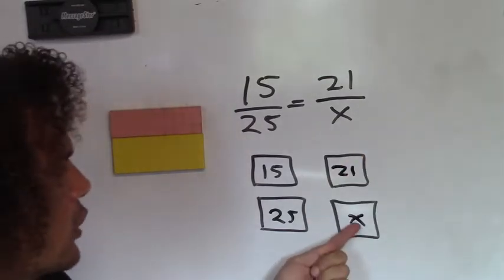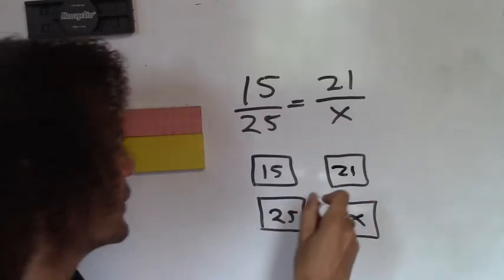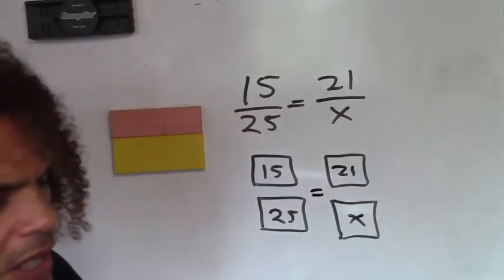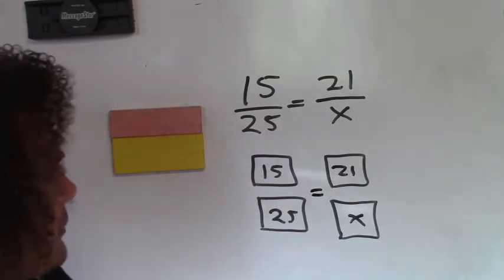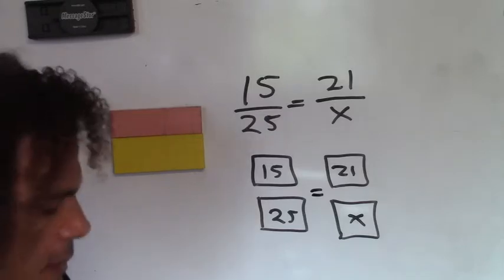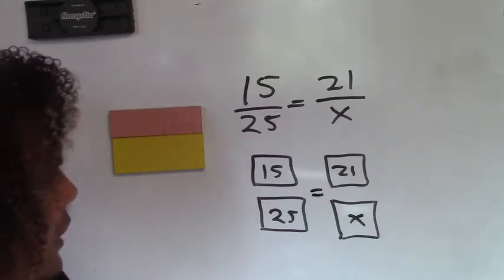Oh, wait, I don't know what's in this box. I know that's 21, so I'm trying to figure out what's in that box. So equal sign never lies. Can you reduce 15 over 25? Yes. Okay, tell me what it is. What goes into both of these numbers equally?